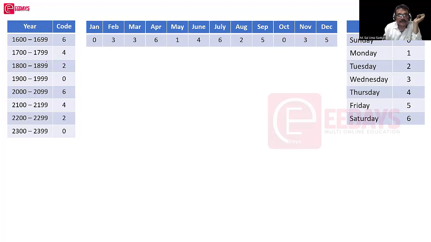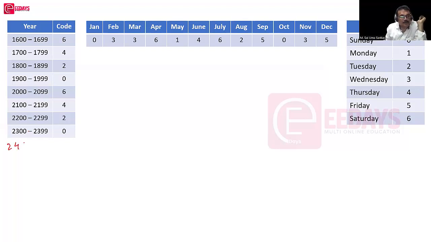If 1800 to 1899, that code is equal to 2. Here 1900 to 1999, that code is equal to 0. So whatever the 2000, century complete. Now 2000 to 2099, next century starts. 2000 to 2099, that code is equal to 6. 2100 to 2199, that is 4. 2200 to 2299, that is 2. 2300 to 2399, that is equal to 0.